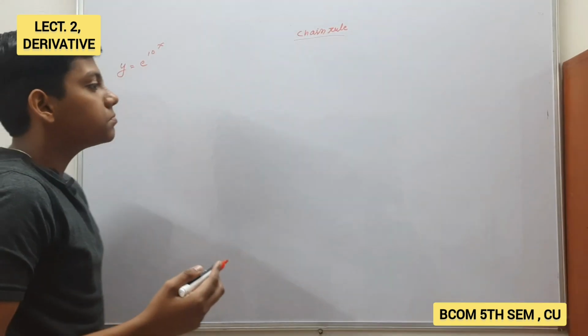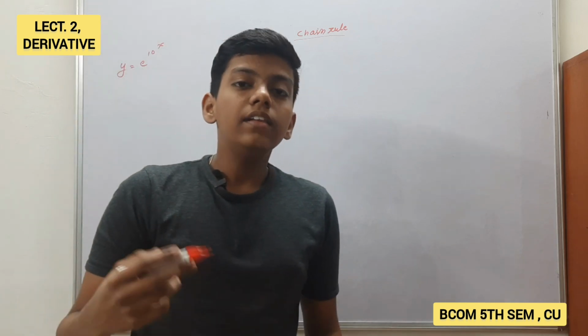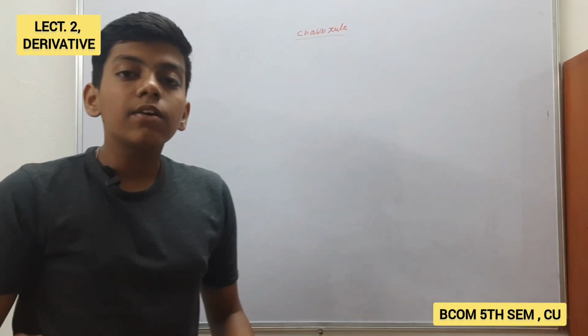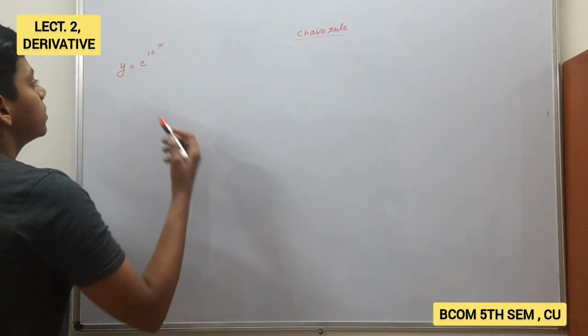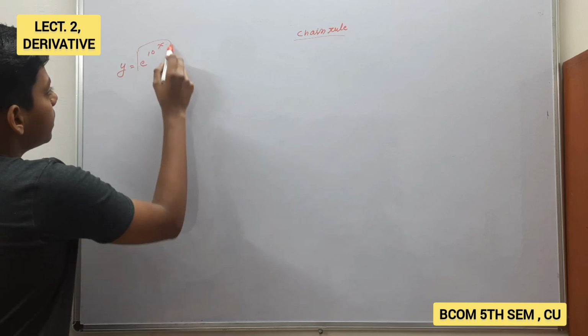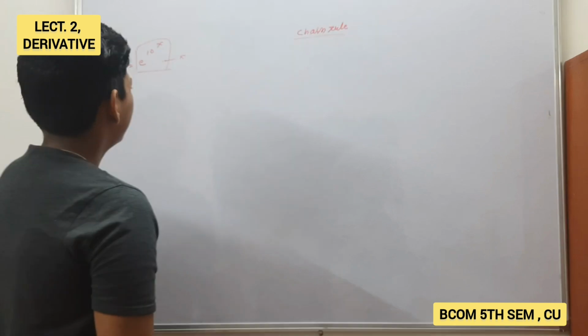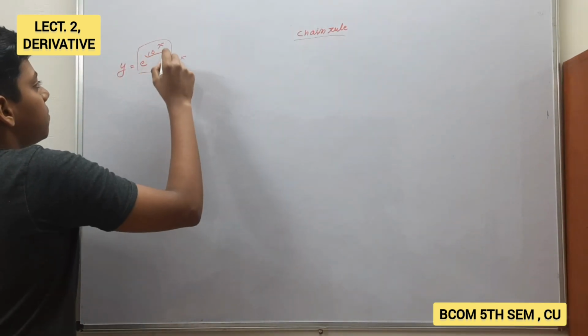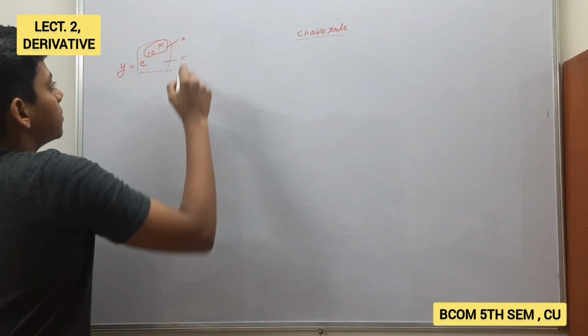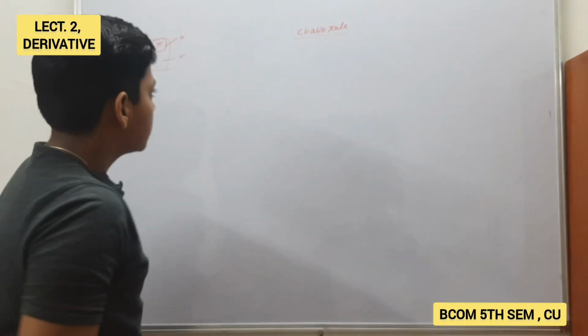Here, we need to let the undifferentiable term be k or any other variable. So let's see. If I let this as a whole as k, will it work? Nah, I don't think so. But if I let just this thing as k, then it might work.